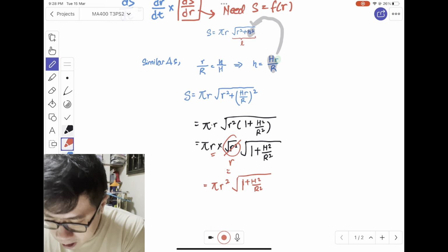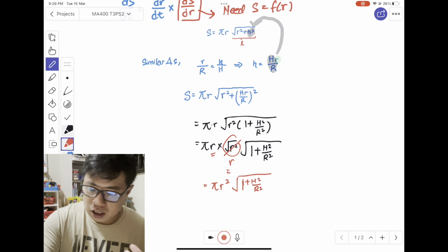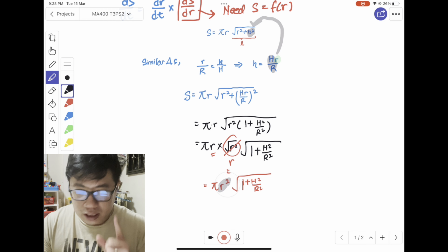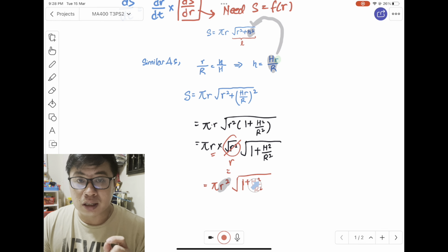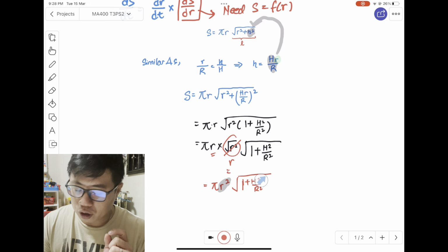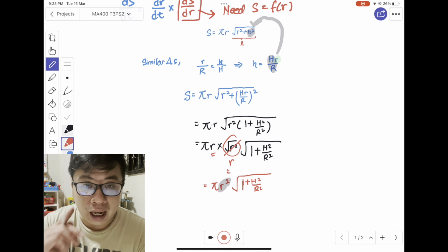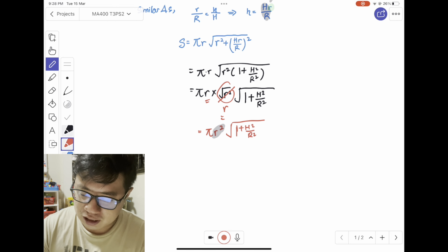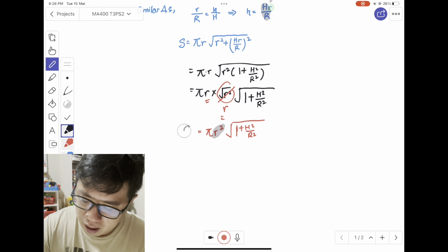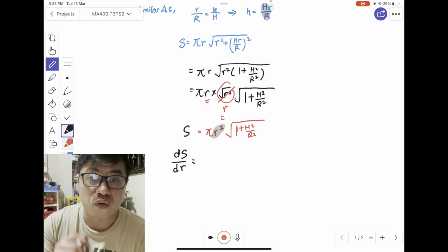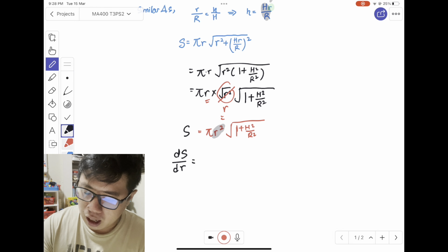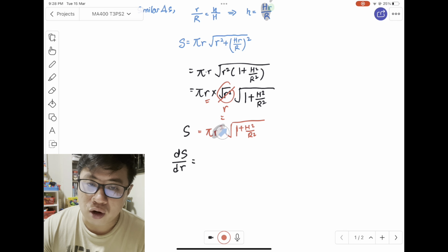Okay, so if you notice, this r squared here is the only variable, and everybody else are constants, so you don't have to worry. I can go ahead to do my ds/dr. So here, if this is my S, when we differentiate S with respect to r, I'm only considering this as my variable.